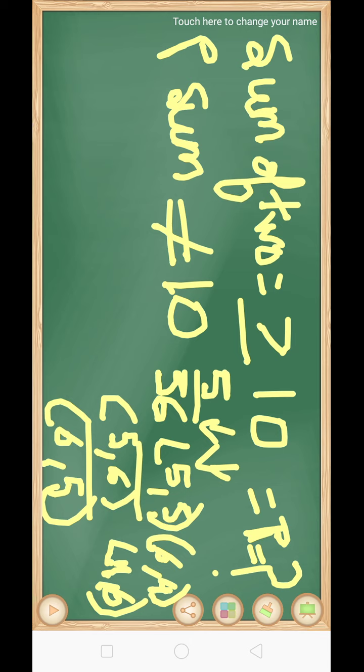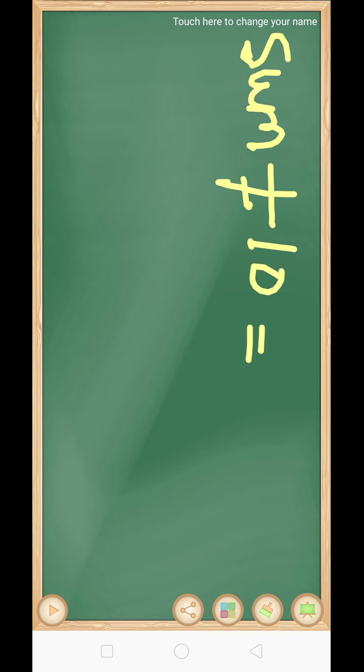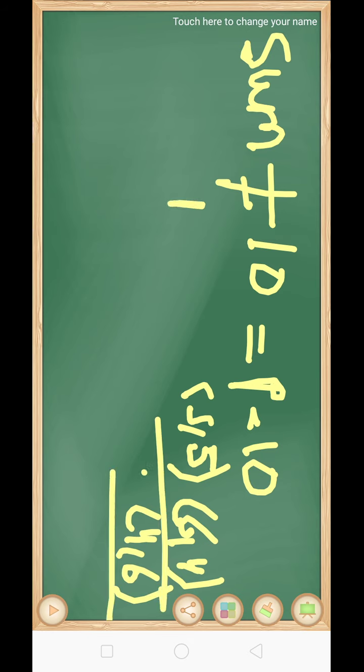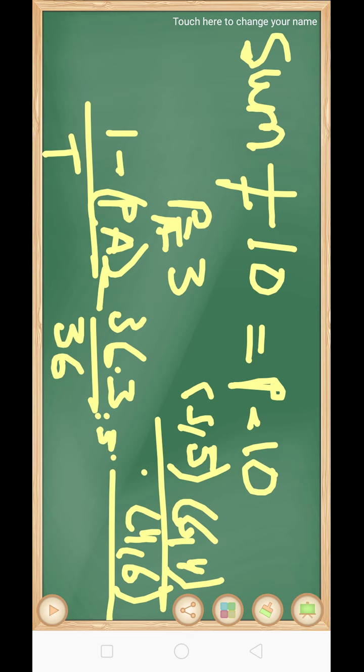Now we have to do the sum is not equal to 10. First we find P of sum equal to 10, that is (5,5), (6,4), (4,6), that is only 3. So P(A) is equal to 3 by 36. Then 1 minus P(A) is 36 minus 3 upon 36, that is 33 by 36, that is 11 by 12.